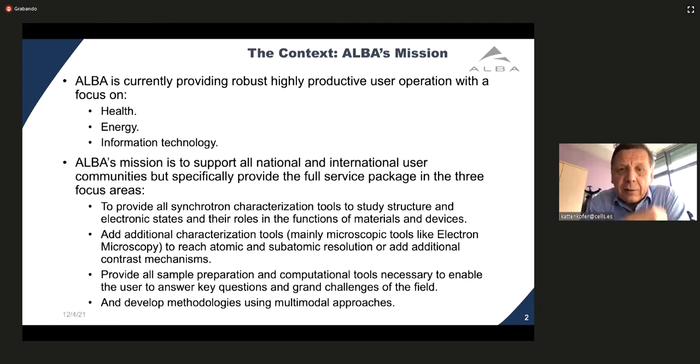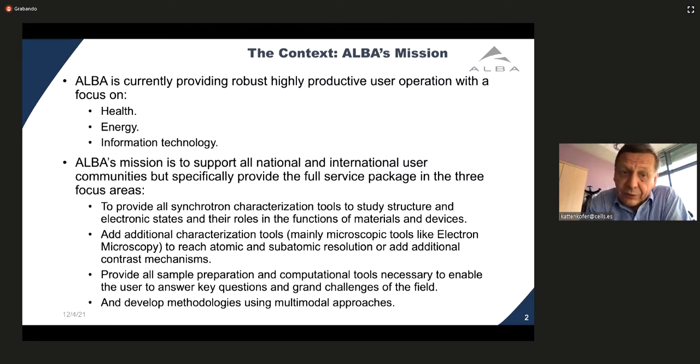And for that, we try to push what we can do in synchrotron characterization for getting information on electronic states and on the structure of the material, and also to understand how changes in these two things correlate with the function of the material.